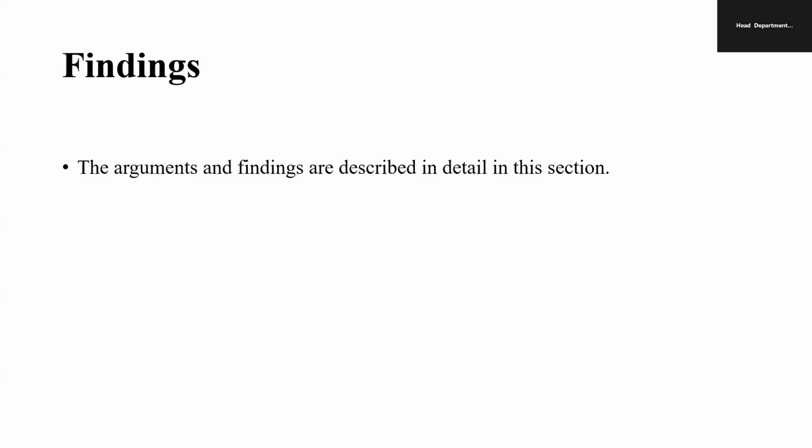Then we describe the findings of our study. If it is different from this kind of analysis, if you are going to use structural equation modeling or any other qualitative methods, then you should decide what we are going to include under the findings.